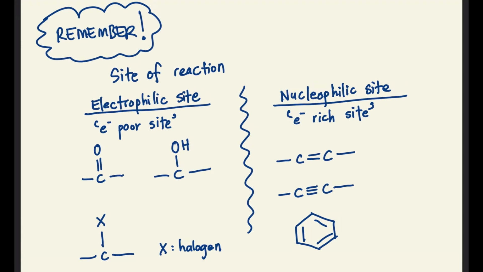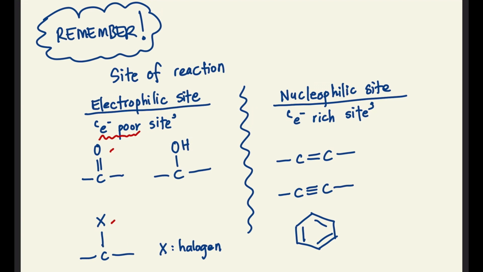Previously, we already learned about the site of reaction. There are two sites of reaction, which are electrophilic site and nucleophilic site. For electrophilic site, it is an electron poor site, where the carbon atom is connected to the more electronegative elements such as oxygen and halogen.